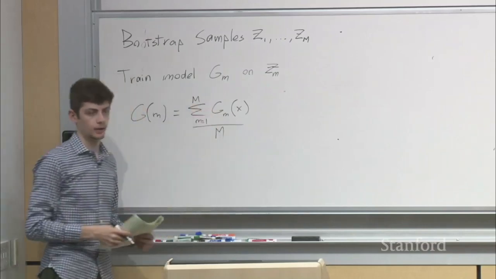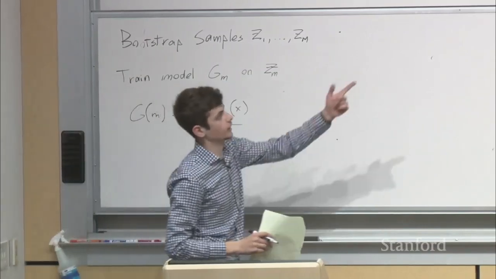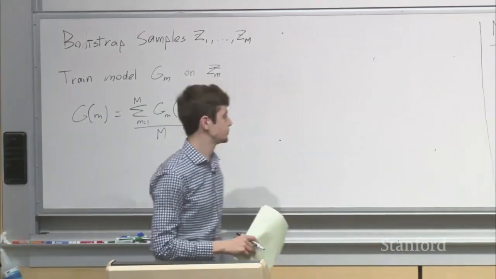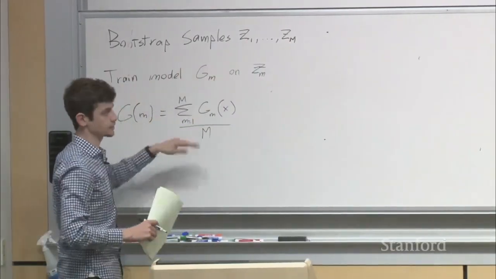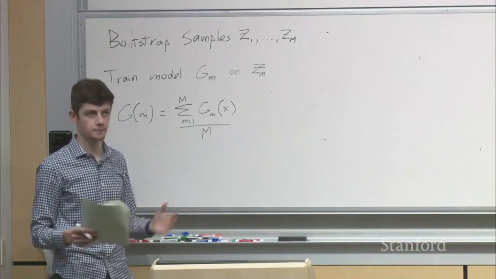This is just writing out what I was talking about for bagging. You're taking these bootstrap samples, training separate models, and then aggregating them all together to get this bagging approach.